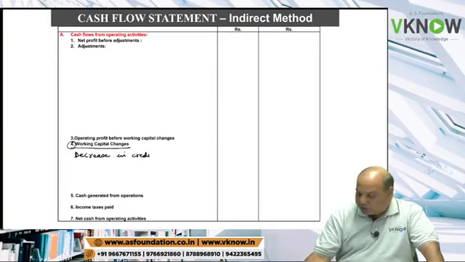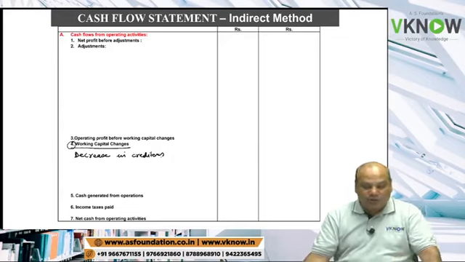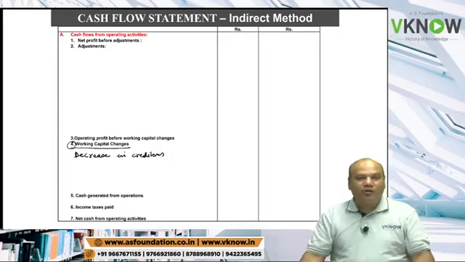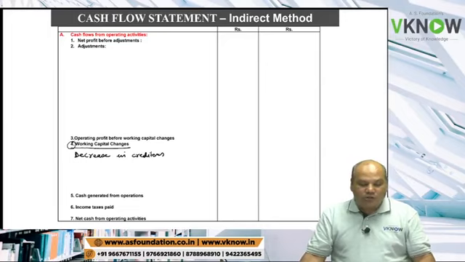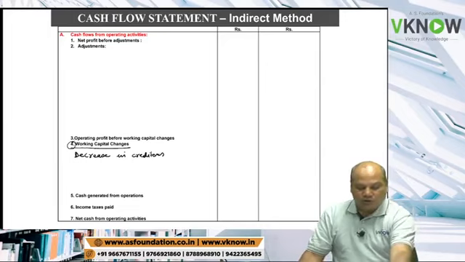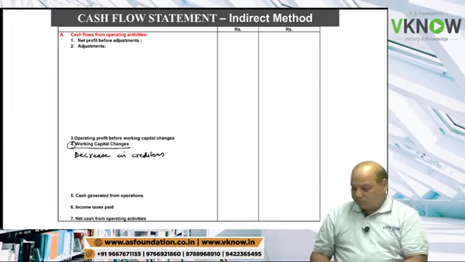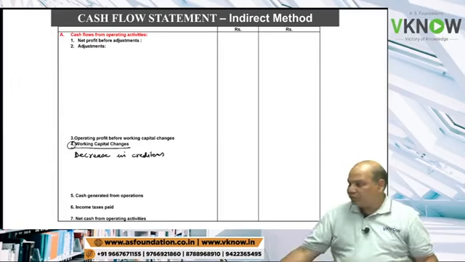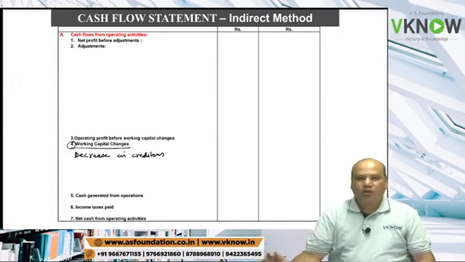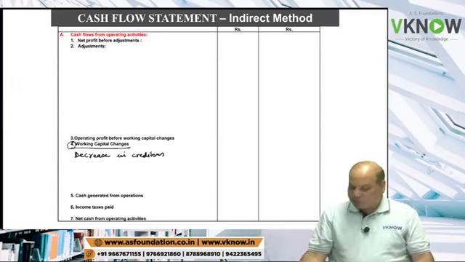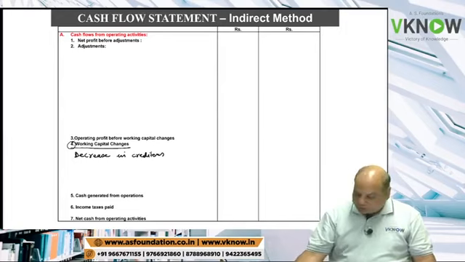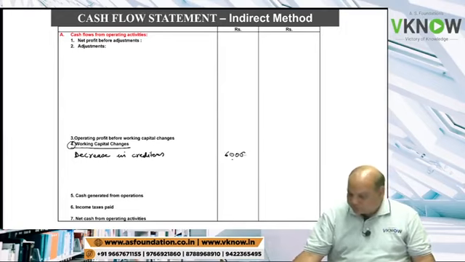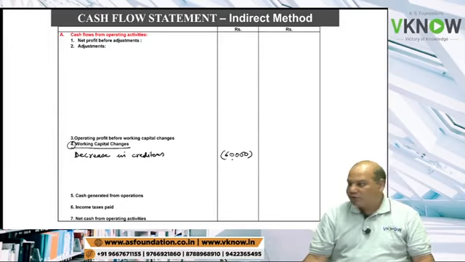Decrease in creditor is a decrease in cash flow. Come on, Chetan. Decrease in creditor is a decrease in cash flow or increase in cash flow? Reply fast. Decrease in creditor is a decrease in cash flow. So you will write in bracket 60,000.